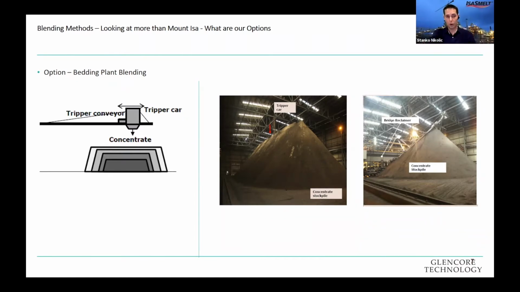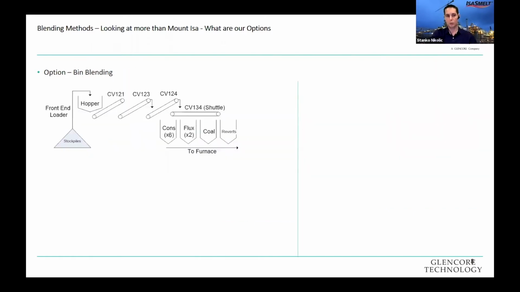So this is one option that's possible. What it does is it means that you have, let's say, a 10,000 ton stockpile feeding the smelter, and it's a known consistent feed for that 10,000 ton. The disadvantage here can be that it's perceived to be not as flexible as the other option, but I'll let Ben and Oscar go through some of those details with you.